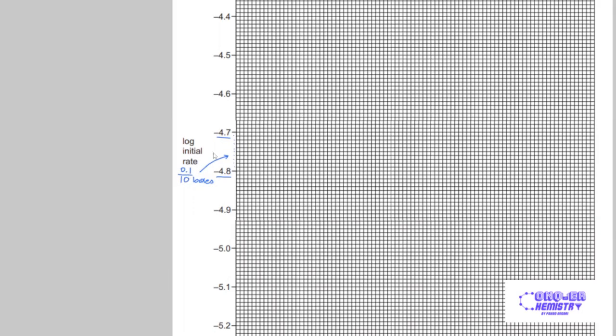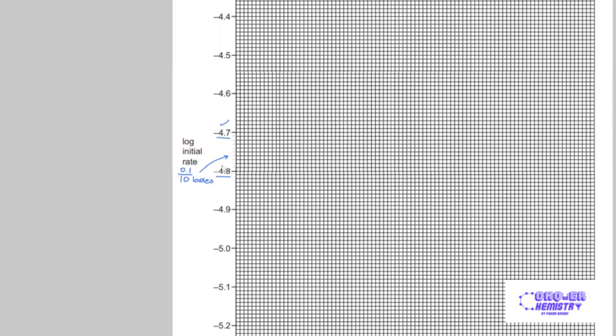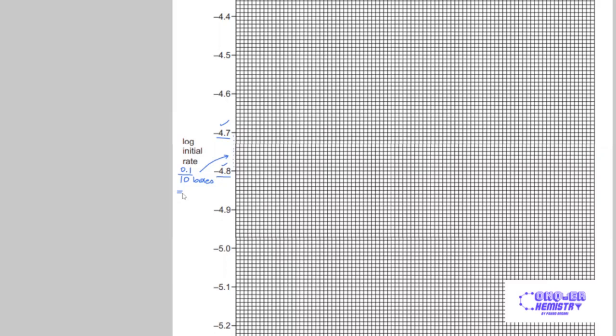If I divide 0.1, the difference between minus 4.7 and minus 4.8, by the number of boxes, that's going to give me the difference between two consecutive small squares. That's going to be 0.01 per box. All right, that is my scale for the y-axis. Okay, now let's take a look at the x-axis.